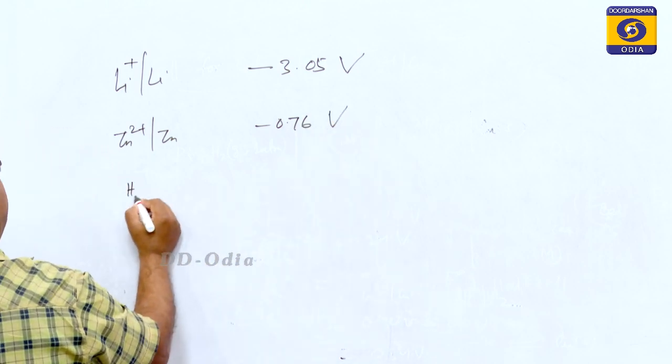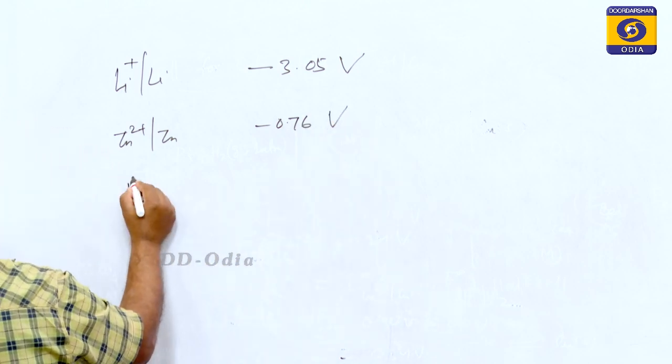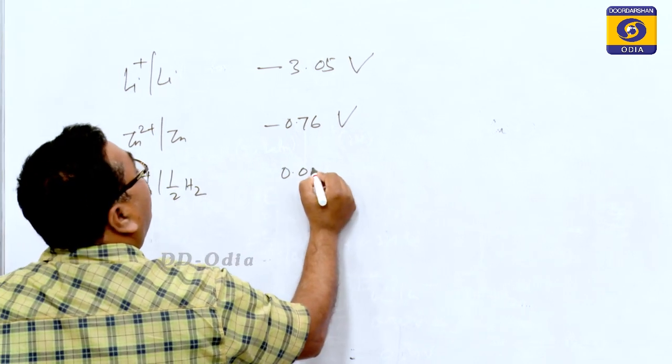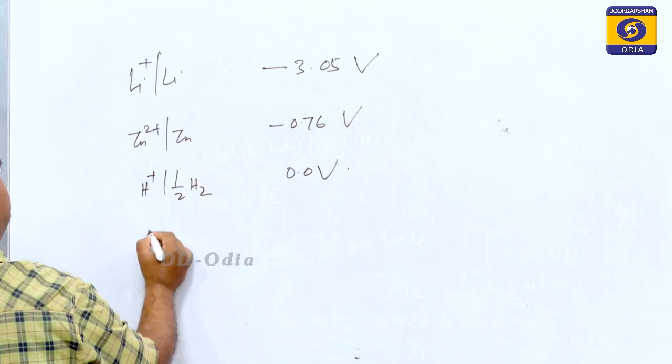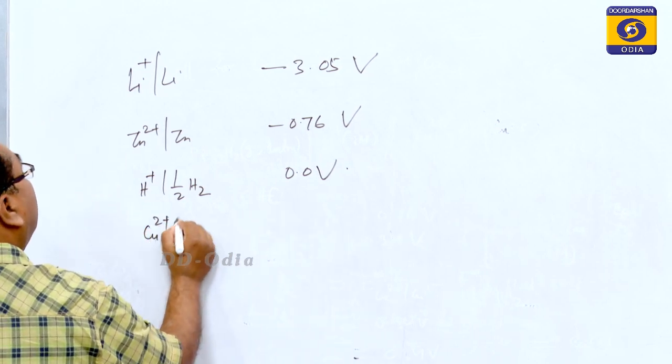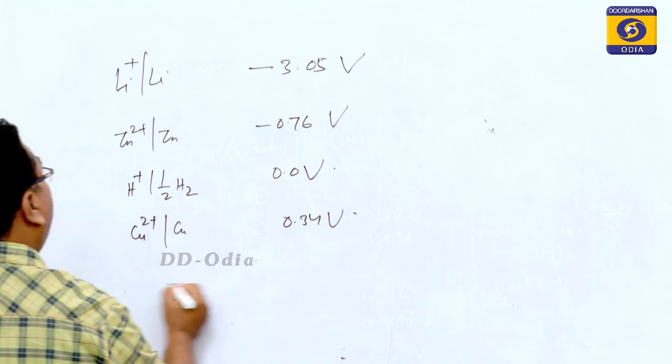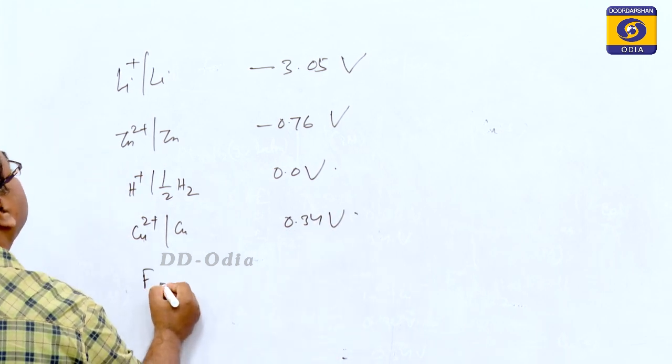In the middle comes hydrogen, which is 0.0 volt, and then copper, which is 0.34 volt, and finally there will be fluorine.